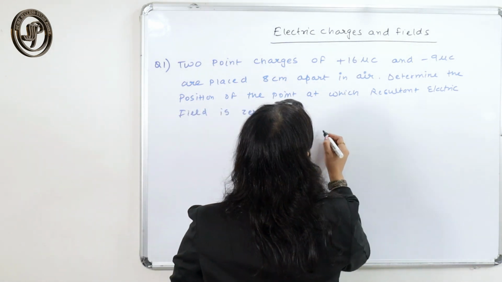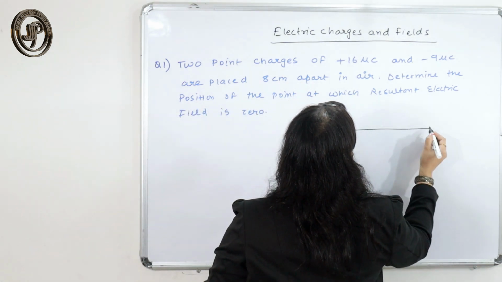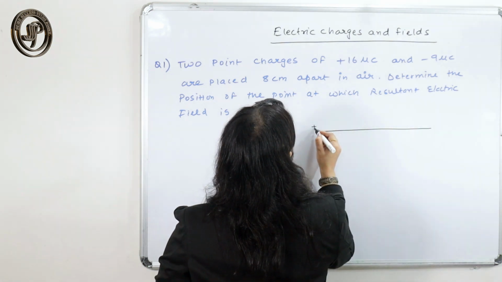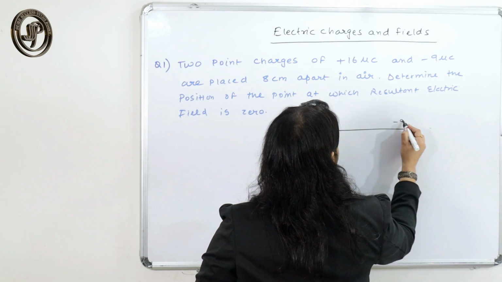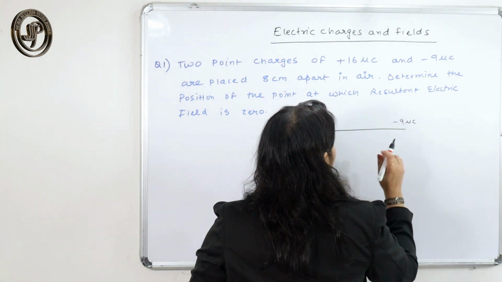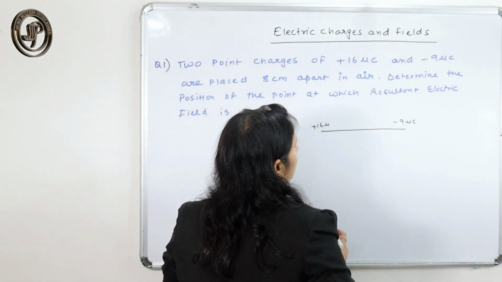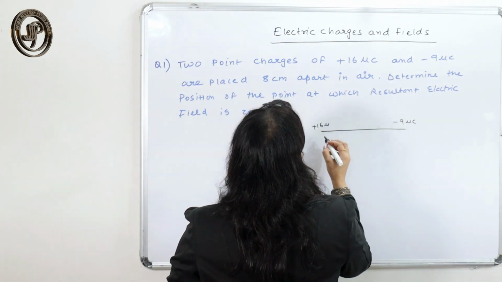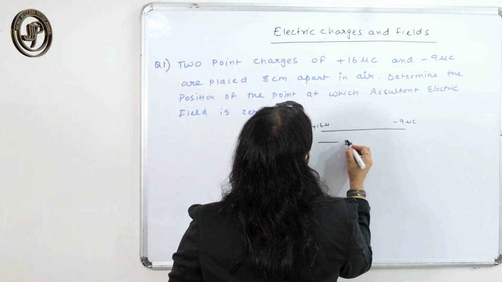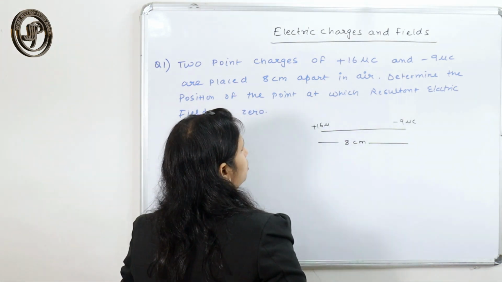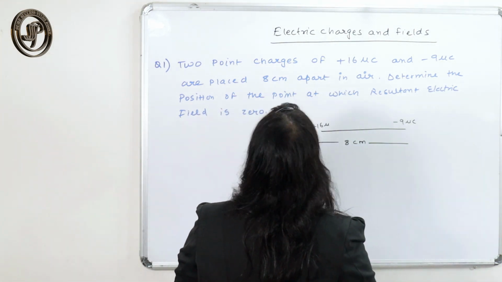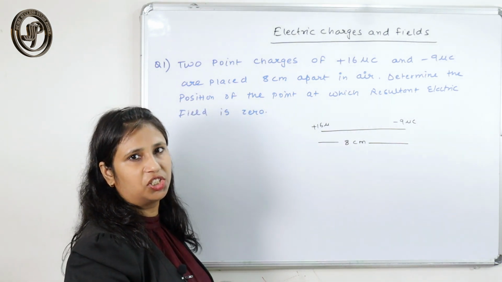So here, what is given: plus 16 microcoulomb and minus 9 microcoulomb. These are the two charges, and the distance between them is 8 centimeter.